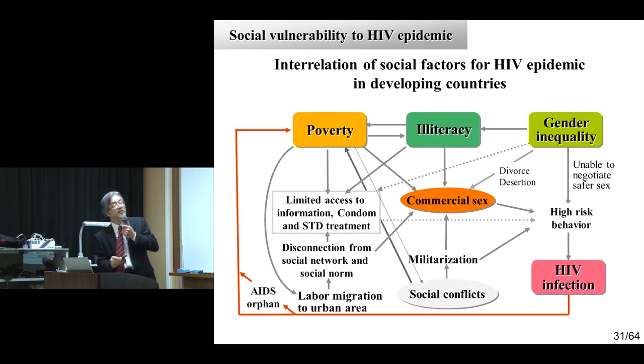So this is a diagram I made. It may not be perfect, but it will help your understanding. So this is poverty. There is poverty, illiteracy, and gender inequality.